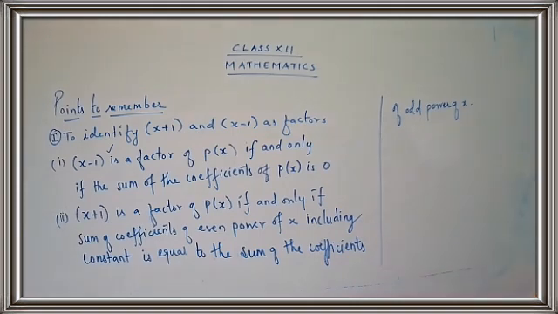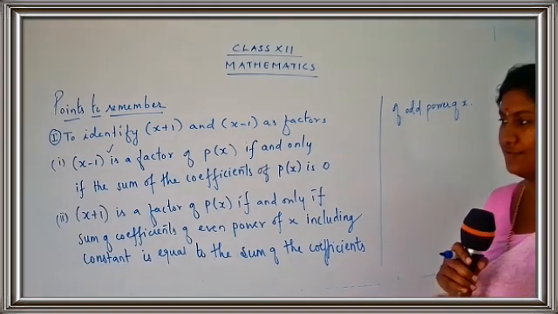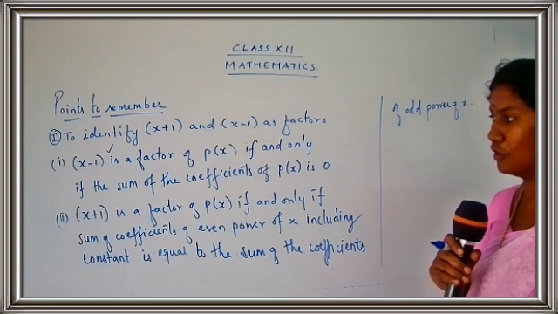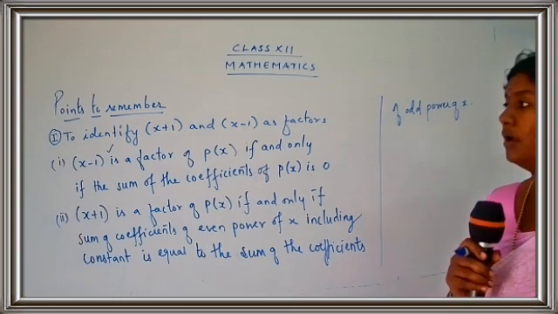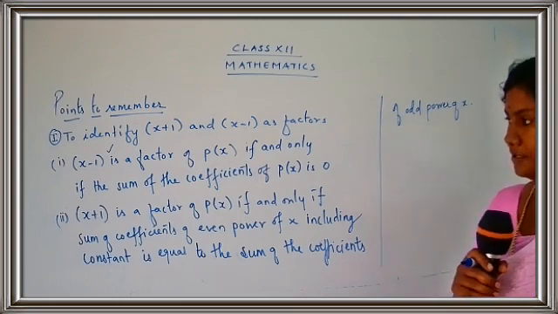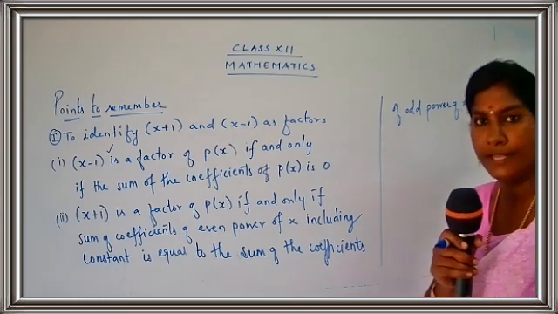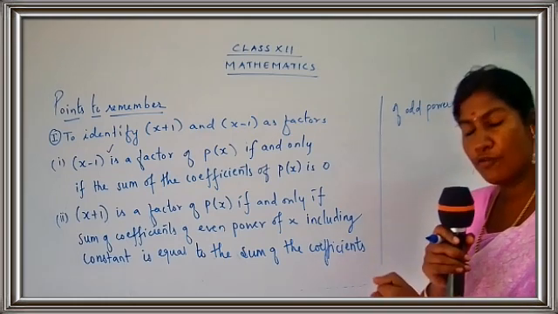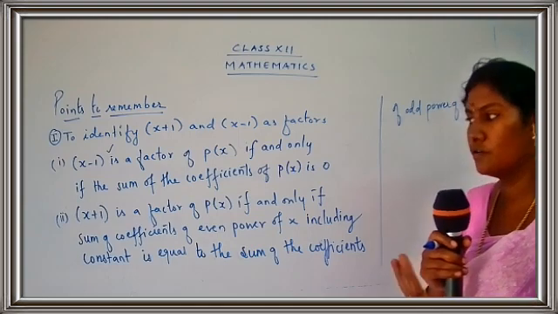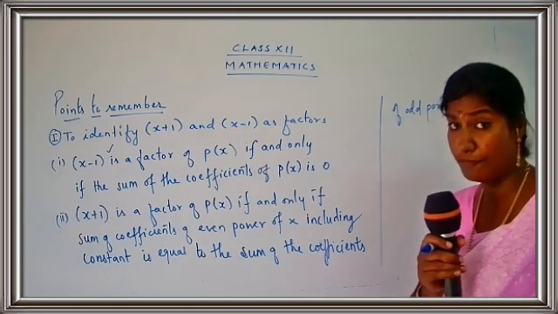You see, for x minus 1 the statement was very easy, as we directly added the sum of all the coefficients, and if the answer is 0, you can say that x minus 1 is a factor. But for x plus 1 you have to take it in two ways. You are going to take the sum of coefficients of even powers of x, and also the sum of coefficients of odd powers.